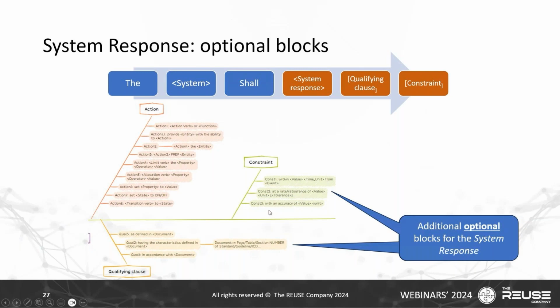You can provide all this additional information, or you can even refer to a given standard or document, to say in accordance with a given standard, or as defined in whatever document, page, section. So this is how we have extended the basic system response into a more complete aspect for the ubiquitous requirement.